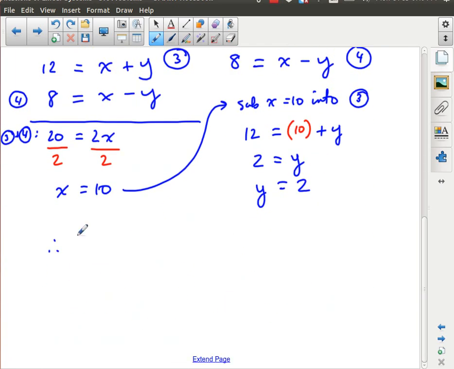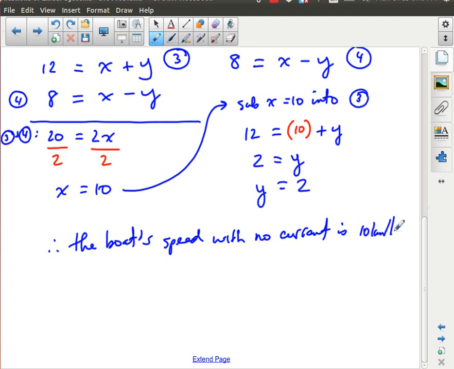So therefore, the boat's speed with no current is 10 kilometers per hour, and the current is 2 kilometers per hour.